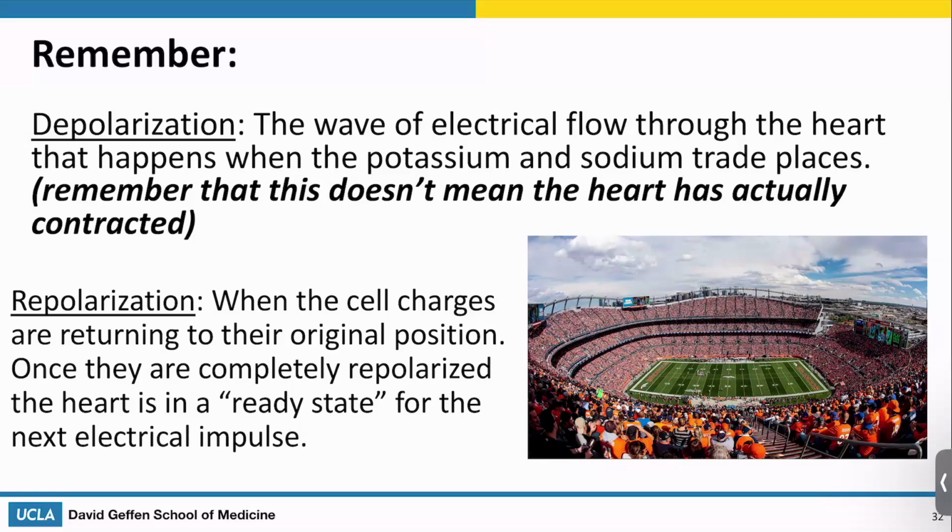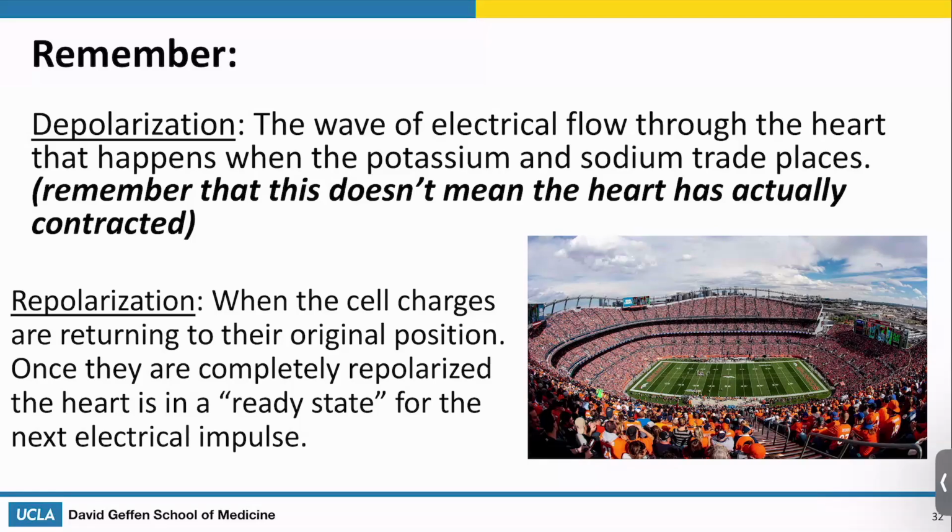And that is graphically represented on our EKG. Okay, so remember though, just because we see it on the EKG doesn't mean it's actually performing a contraction or a pulse. And then once all those cells have become positive, we've moved from a negative resting membrane potential positively, we have to get back to that resting negative membrane potential so we can receive another impulse.